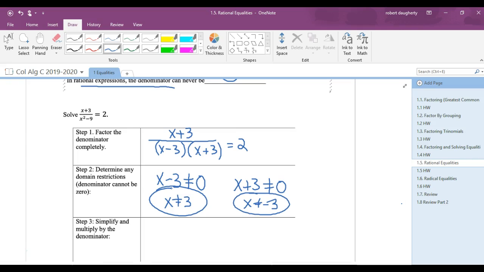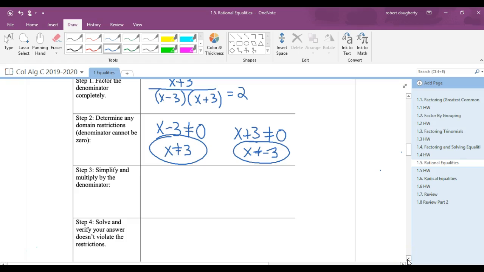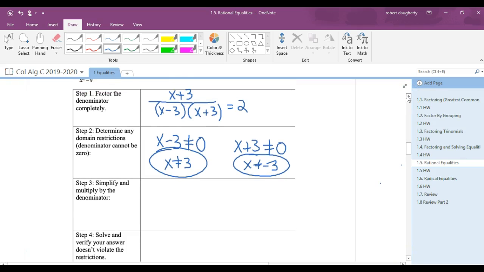Now we go solve the problem. If either of these numbers pops up as the answer, it can't be the answer, okay? Because these are the only two numbers that make this undefined. Now let's work on this problem and simplify. This one has a nice simplification that's already there. What is x plus 3 divided by x plus 3? That's 1.